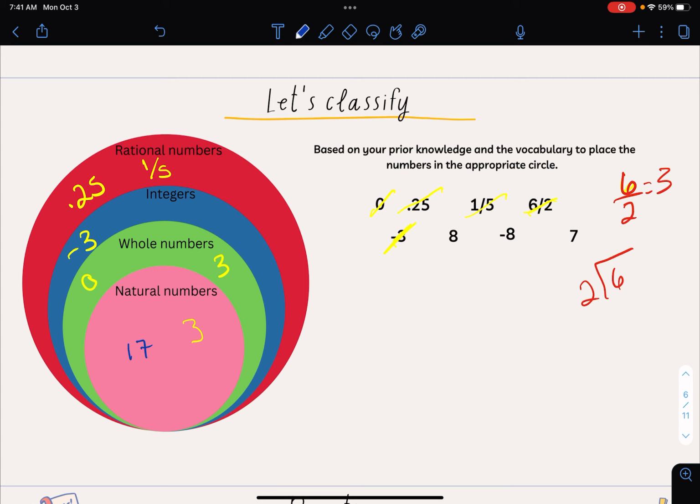Whereas if I classify it as a whole number, whole numbers would not be classified as natural numbers. Like 0 would not come back into the natural numbers because the whole number circle does not fit in the natural number circle.